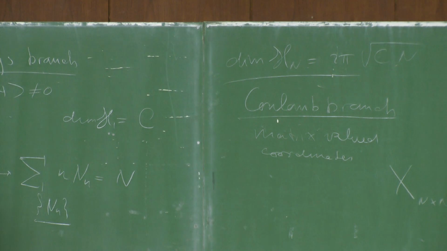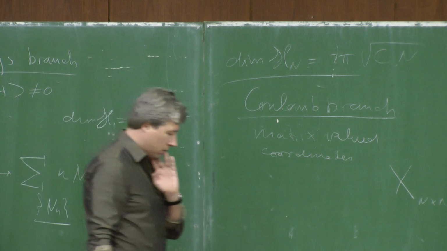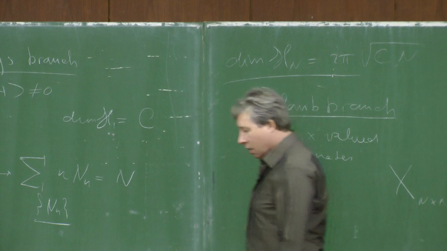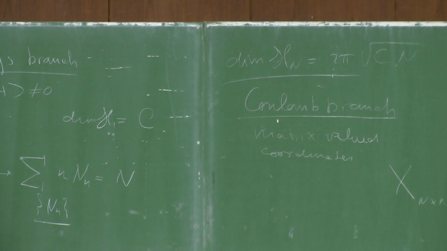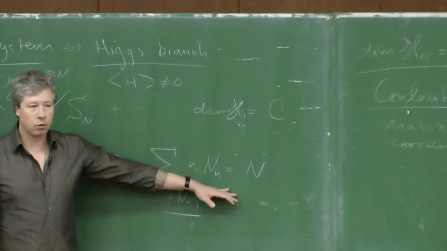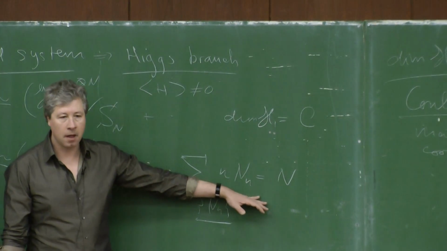Excuse me? Yes? I have a very simple question. Where do these 2 pi in the formula for the dimension of the Hilbert space originate? I only see integer valued numbers. Yes. So if you do the combinatorics here, you have to count how many partitions there are. And then you do this through a partition function.